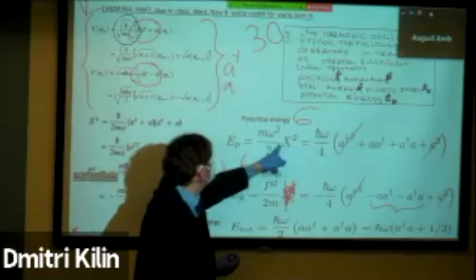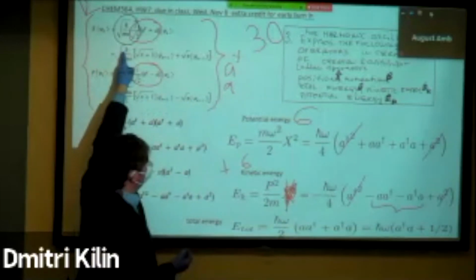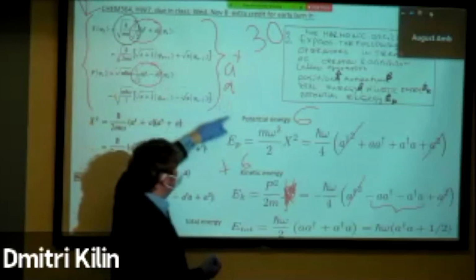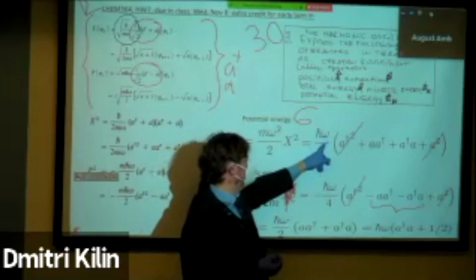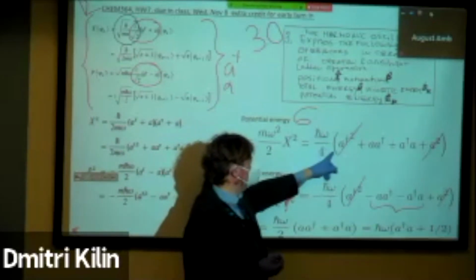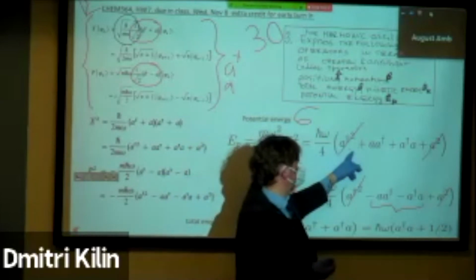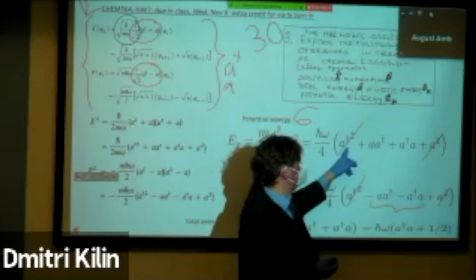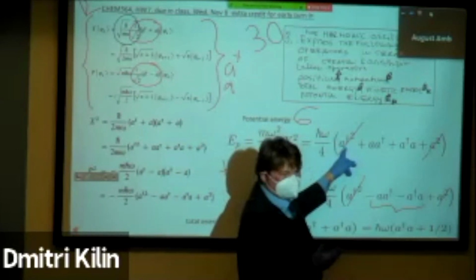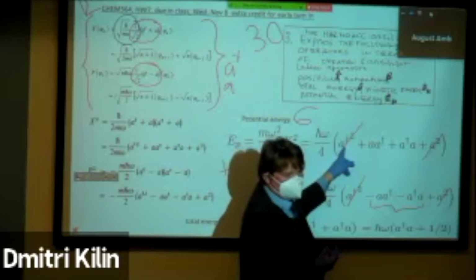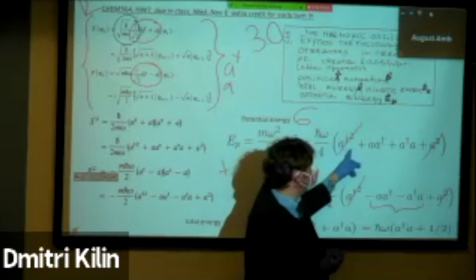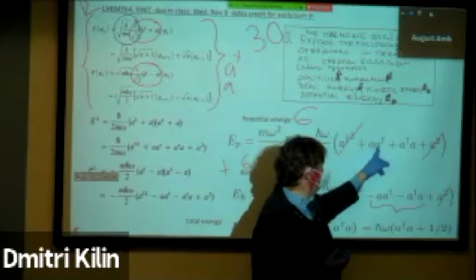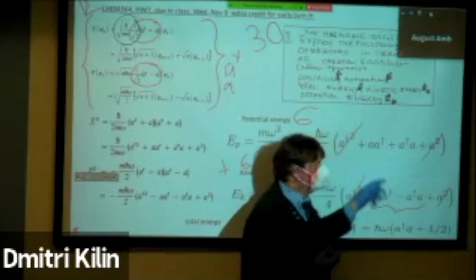And if one carefully plugs this stuff in, then a lot of factors cancel, and then one would have 4 terms, this creation and initiation in different order: creation squared, initiation squared, and then a dagger A.